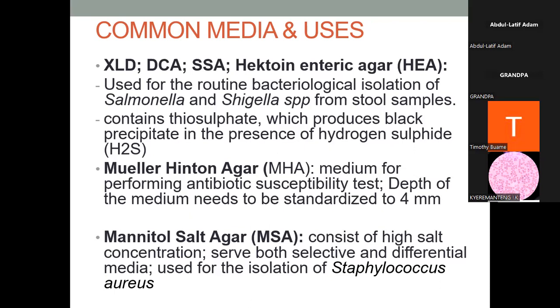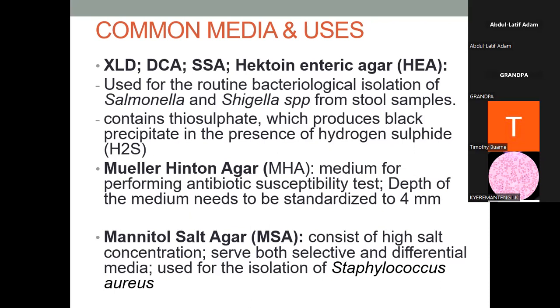The good thing is that for all the media for stool cultures, you all have what you call thiosulfate. A lot of the Salmonella and Shigella are able to produce what we call H2S.